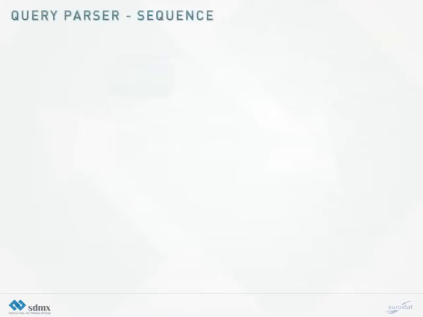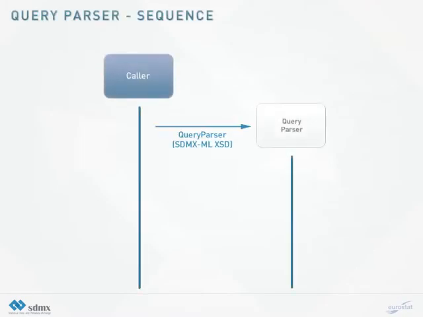The sequence begins with the web service provider creating a query parser instance using the method query parser with SDMX ML schemas as parameters. An SDMX ML query is sent to the query parser calling the method parse.